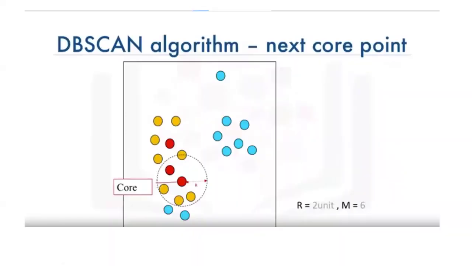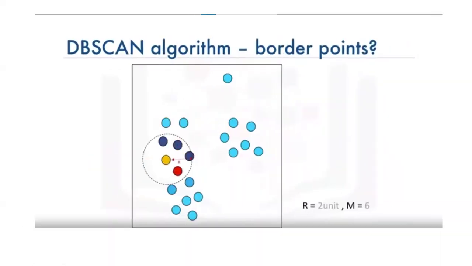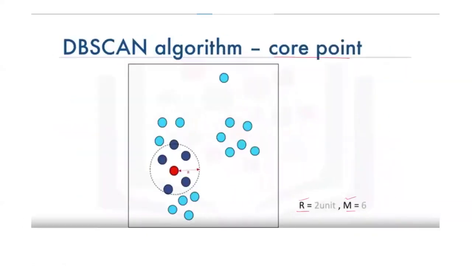And if somebody asks you to do it manually, you will unconsciously do it like that. If I give you data like this, you will unconsciously select three clusters. You will put this as an outlier and as a separate cluster, and you will group these observations into one cluster, and these two into another. But how is your brain functioning, how is it coming up with these three clusters?